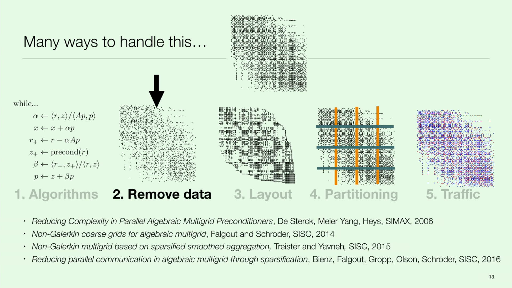There are ways of removing data. So in AMG, or algebraic multigrid, there are approaches where we can simply set up multigrid hierarchies so that they communicate less. There's a really great paper on reducing complexity in parallel AMG. There are other ones where you can just remove the non-zeros in a systematic way.